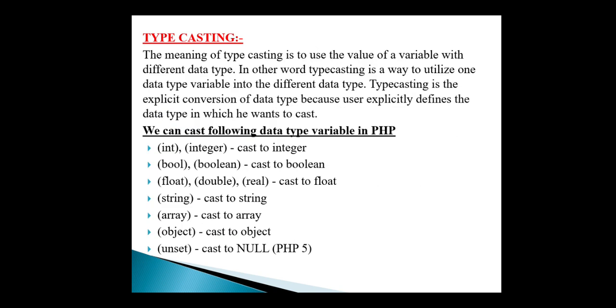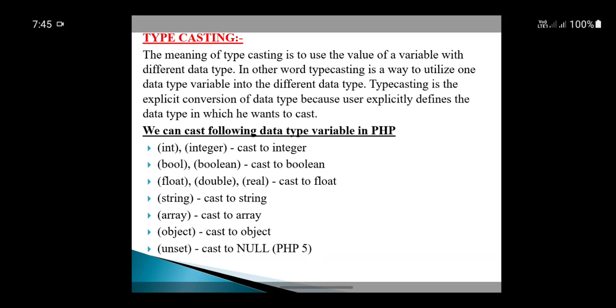Next we can look into typecasting. The meaning of typecasting is to use the value of a variable with a different data type. In other words, typecasting is a way to utilize a variable of one data type as a different data type. Typecasting is the explicit conversion of data type because the user explicitly defines the data type in which he wants to cast.